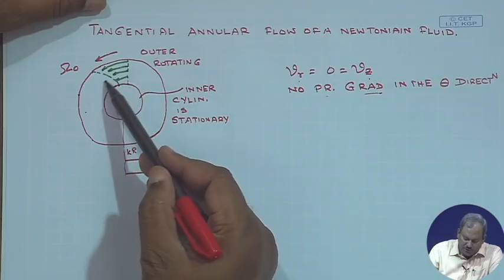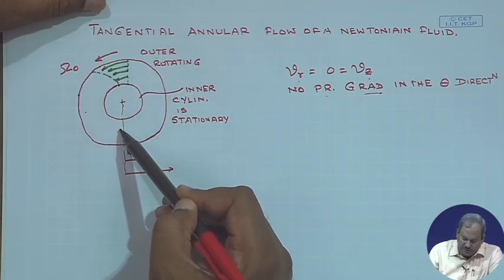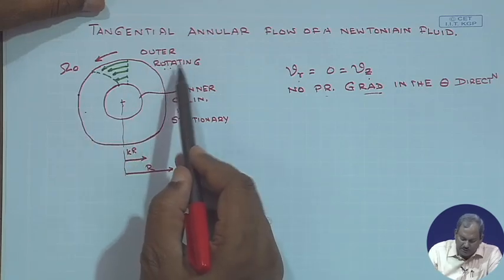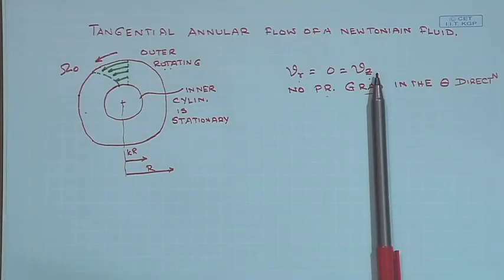The only motion of the fluid in the theta direction is initiated by the motion of the outer cylinder which is rotating. So, in that sense it's like a Couette flow. However, there are some dissimilarities. The Couette flow in this case is not in Cartesian coordinate system, and the separation between the cylinders is significant, such that the Couette flow approximation or the parallel plate approximation which we have done in the previous problem cannot be used in this case.